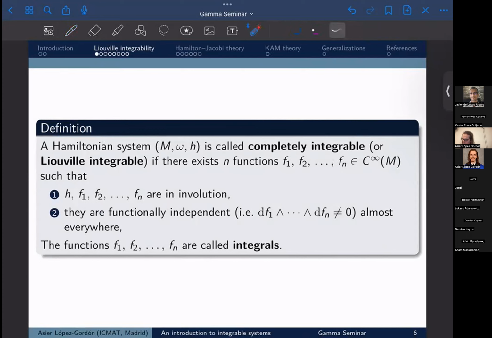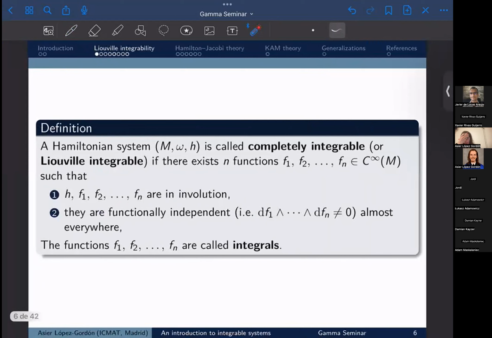That is, that the wedge product of their differentials is non-zero, or what is the same, that their differentials are linearly independent almost everywhere. These functions will be called integrals.